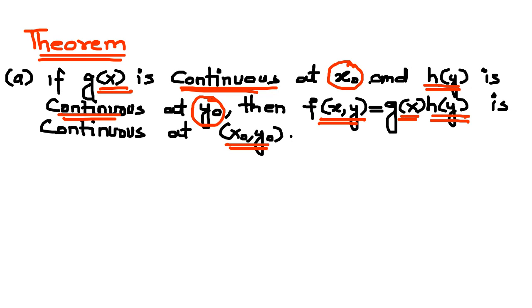Because this is a two-variable function, it must be continuous at the point. Here it is continuous at only the x point, and this is continuous at the y point. Okay, this is the A part.